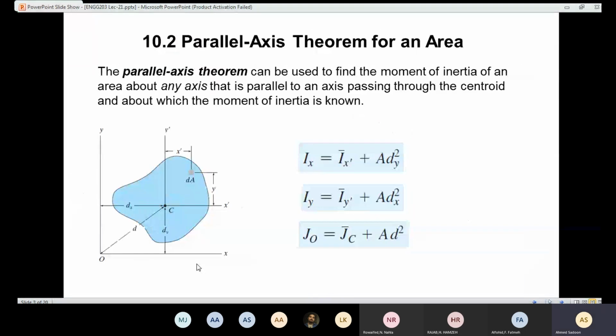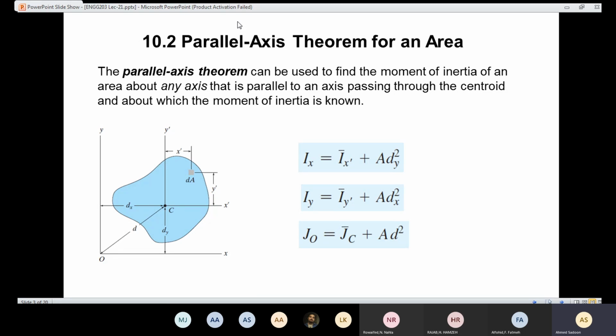Also, we have a very important theorem. It's called the parallel axis theorem for an area. This theorem is very important, especially when we are going to deal with composite sections. Remember, we talked about composite sections in the previous chapter, on the center of gravity.